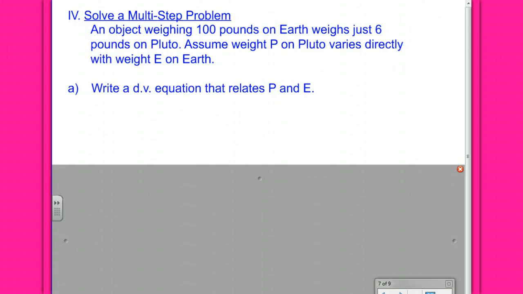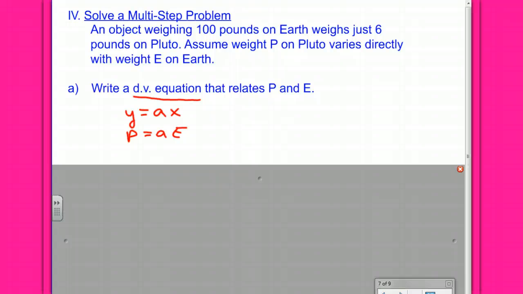So the second you hear write a direct variation equation, you're going to go jot down our model, y equals ax, right? Now the difference between our model and this equation is they want us to relate P and E. So rather than relating x and y, we're going to relate P and E. Either way, we can call y, P, equals A times E. We could also switch those two.